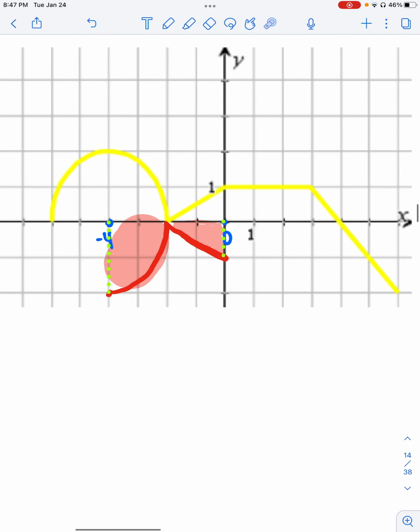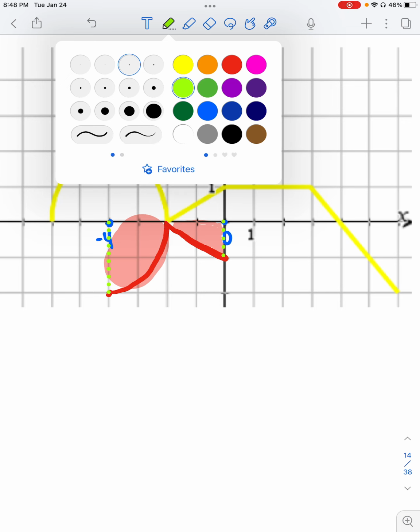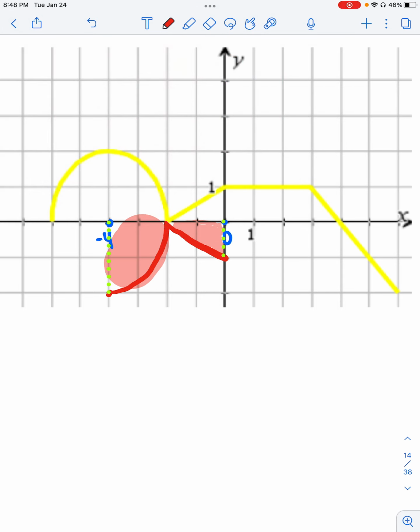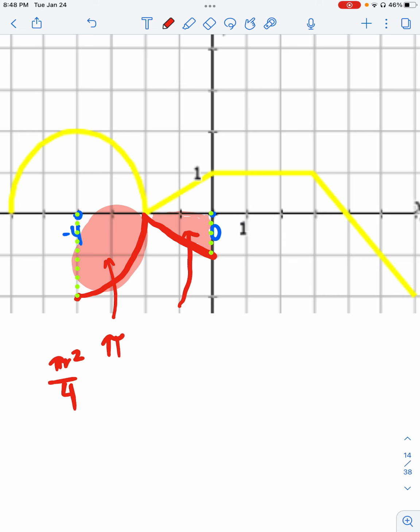So the area of this little quarter circle here, it's a quarter circle of radius 2. So that is pi r squared over 4, and it's radius 2, so it's going to be pi. So the area of this guy is pi, okay? Area of this little triangle here, what's that?